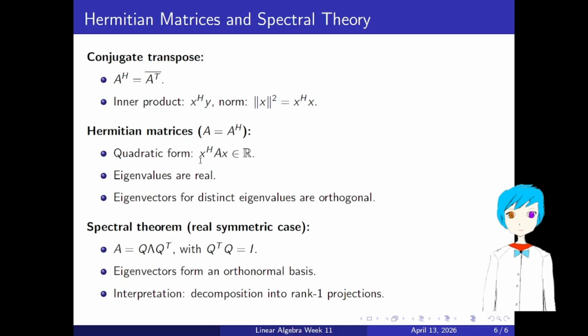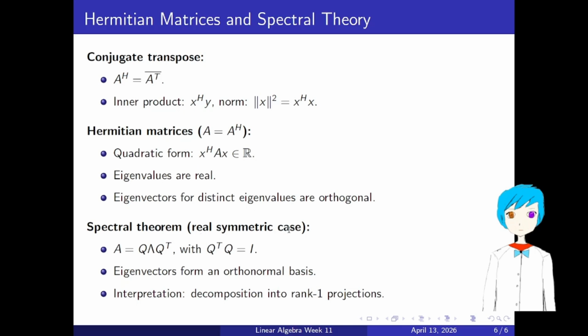For a Hermitian matrix, the quadratic form x^H A x is always a real number. The eigenvalues of Hermitian matrices are real, and the eigenvectors for distinct eigenvalues are orthogonal to each other.